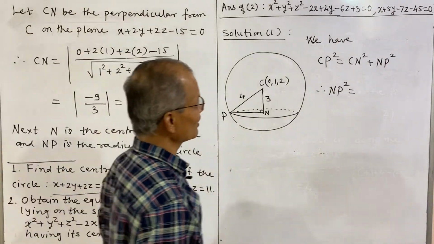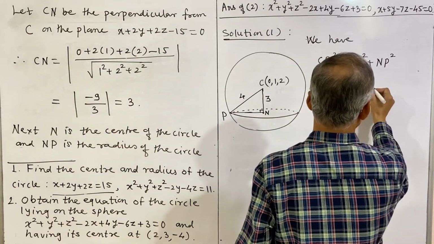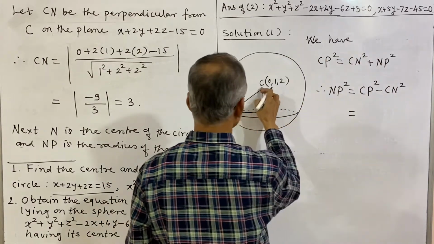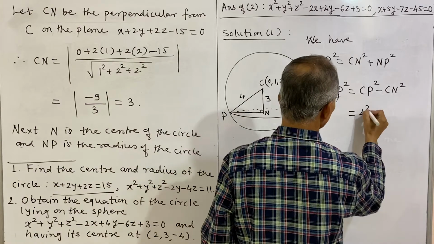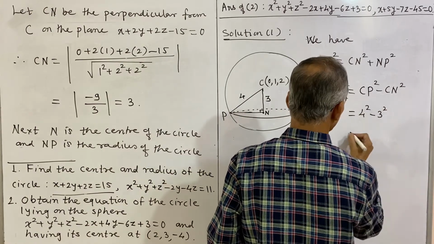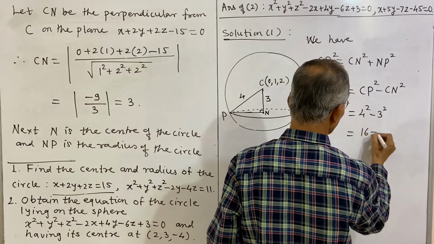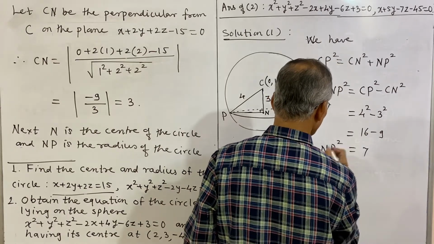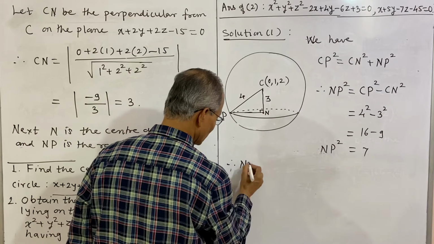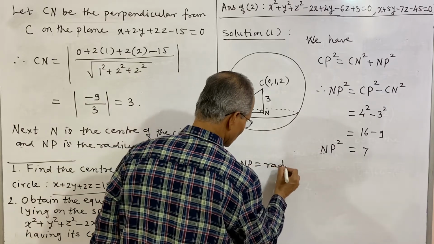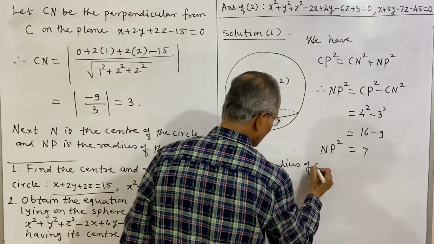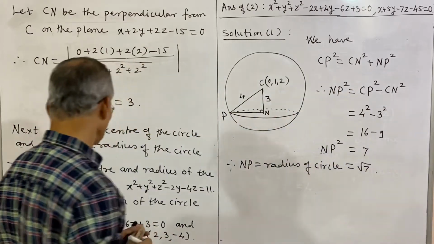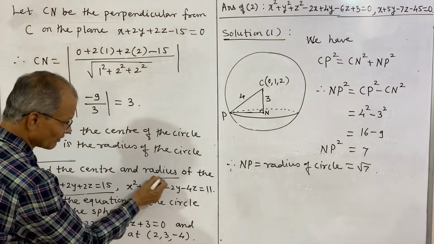Np square is equal to Cp square minus Cn square, or you see Cp is 4, 4 square minus 3 square, and that is 16 minus 9, which is equal to 7. So Np square is 7, and therefore Np, the radius of the circle, is equal to root 7. So thus we have obtained the radius of the circle.